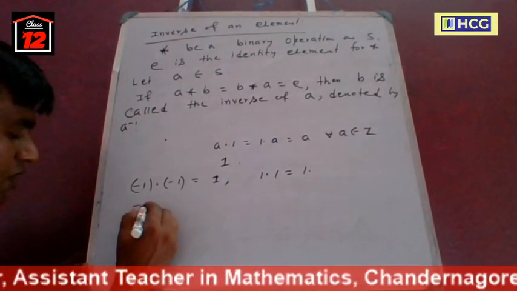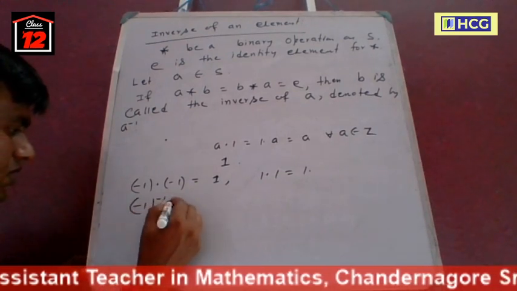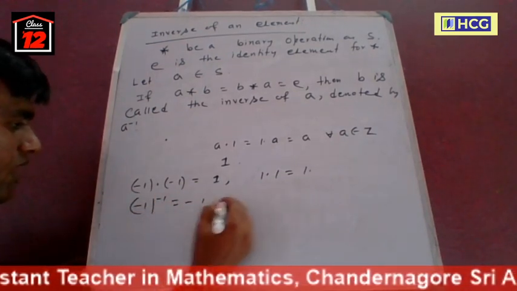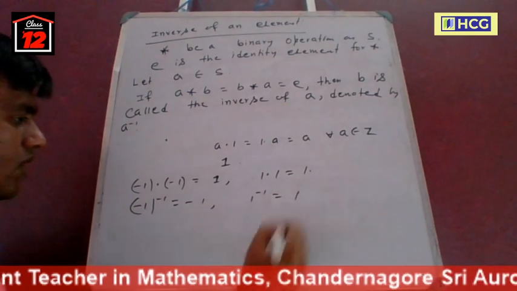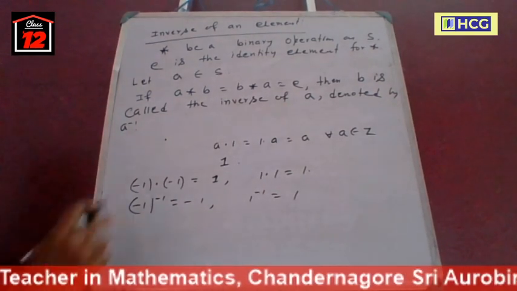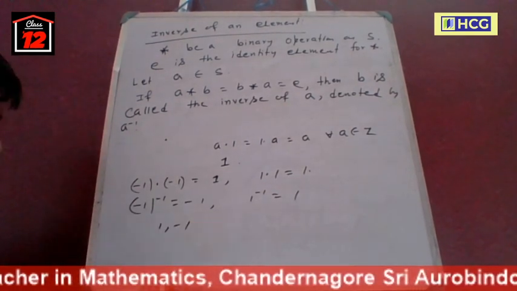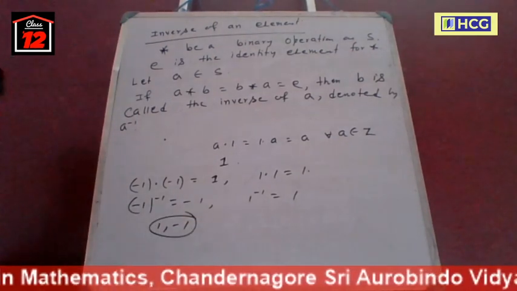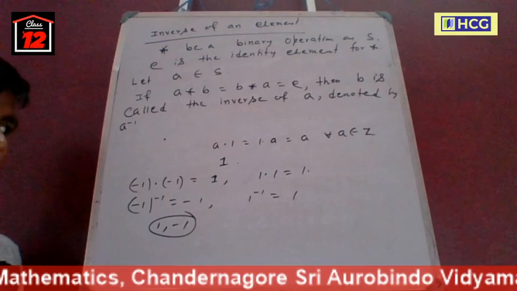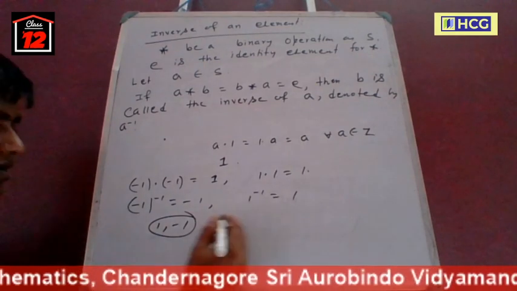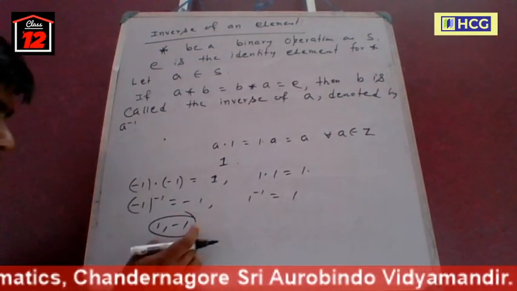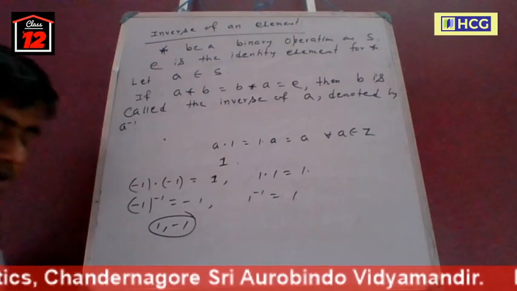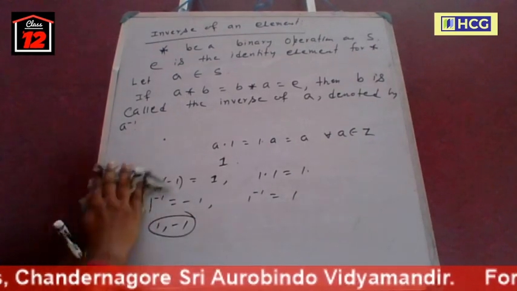So the inverse of minus 1 is minus 1, and the inverse of 1 is 1. Other than these two elements, 1 and minus 1, no element has an inverse in Z.